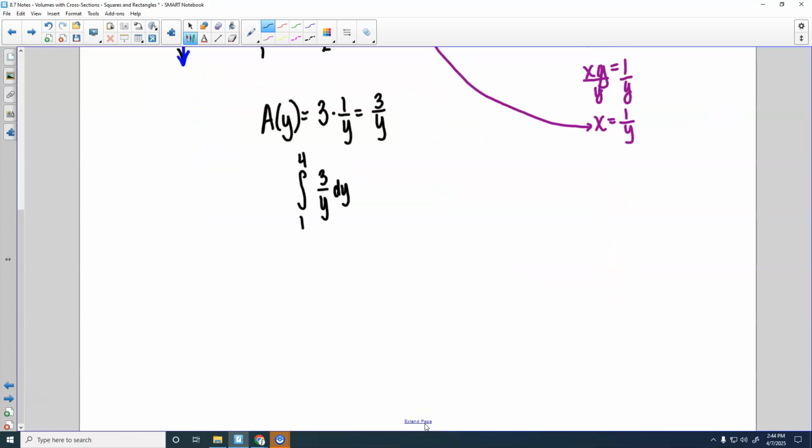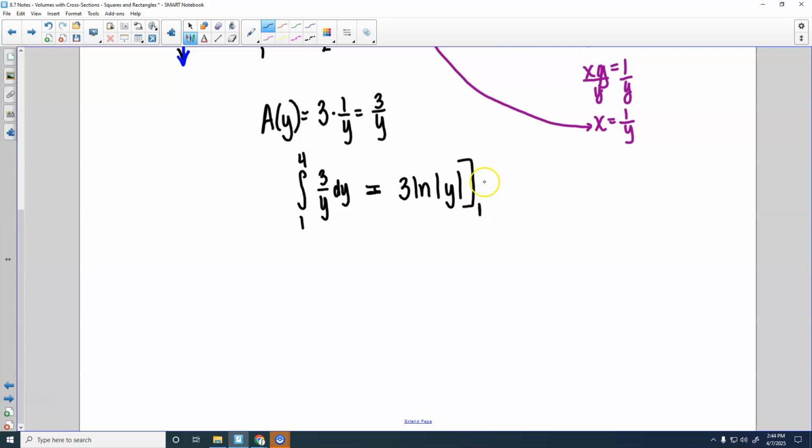Okay, so we're going to integrate this. When I integrate 3 over y, what am I going to get? 3 natural log absolute value of y, because that's just the same as 3 times 1 over y, and when we integrate 1 over y, we get natural log.